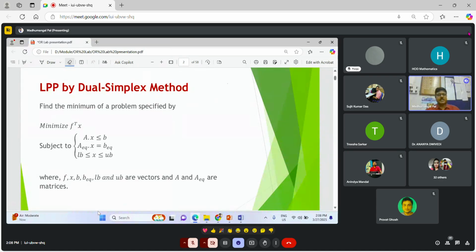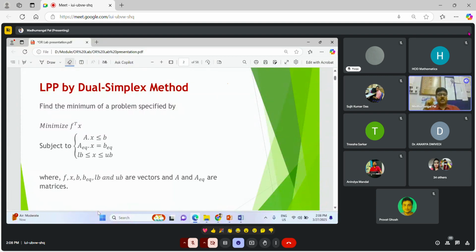So this is a very standard form of LPP, linear programming problem. In this problem, we consider a minimization problem, written in the form f^T x. f is basically a column vector, so we are transposing it to multiply with x. x is a column vector, f is normally a column vector, so we are considering it as a row vector.